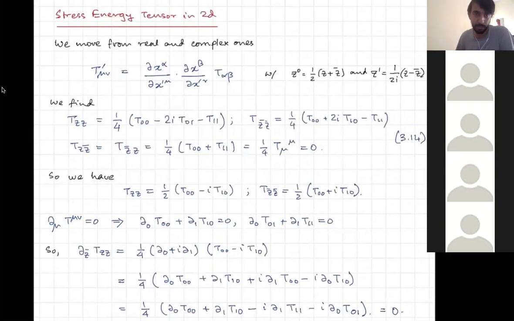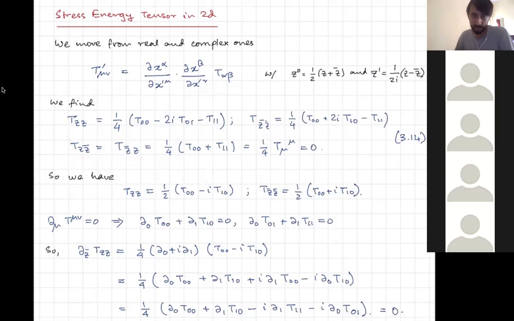This is very simple, actually. If you are looking at 2 dimensions, then, as you know, T mu nu is going to transform in this way. And you can straightforwardly find that your components will be T_ZZ, T_Z̄Z̄, and T_ZZ̄ and T_Z̄Z.